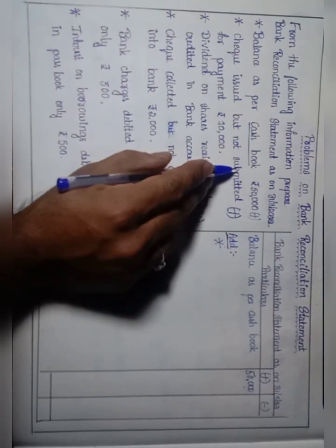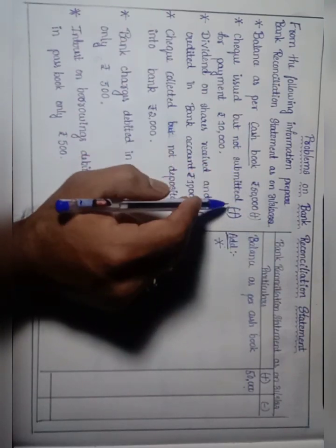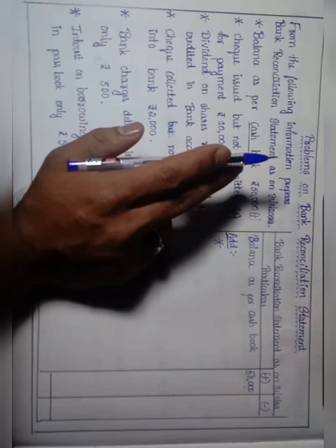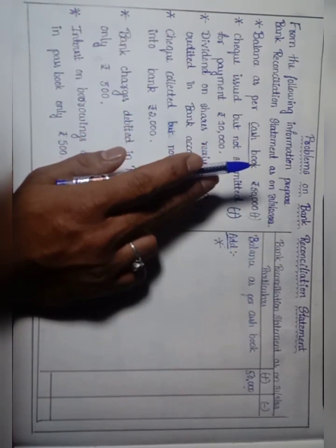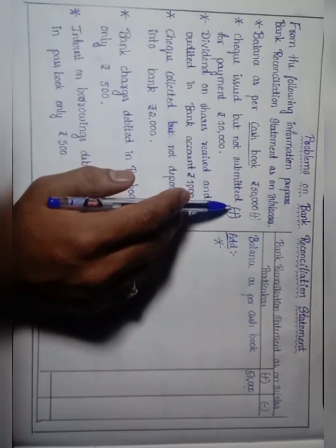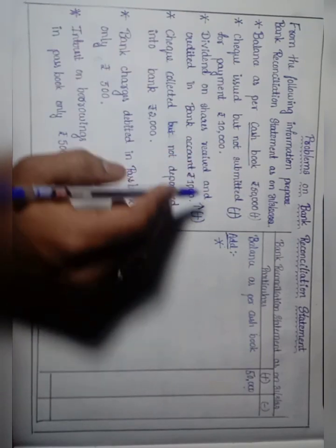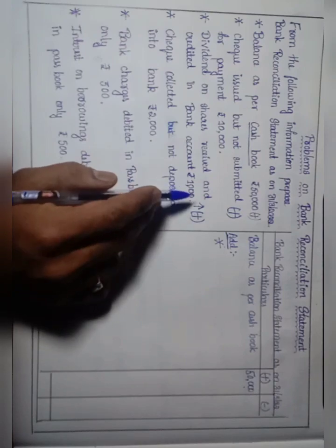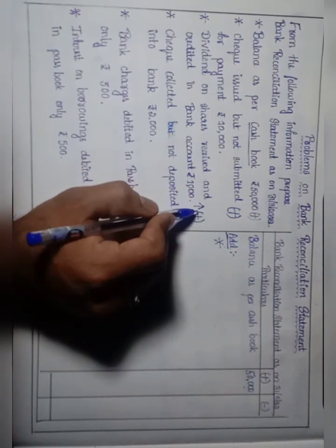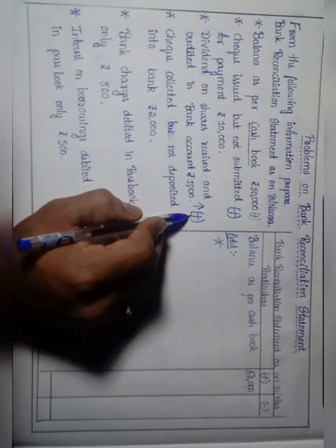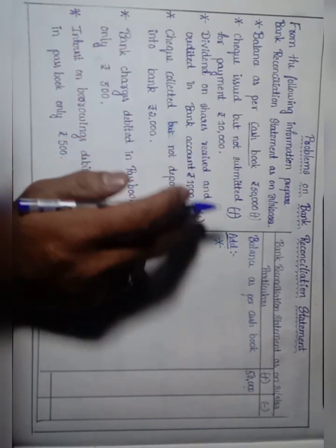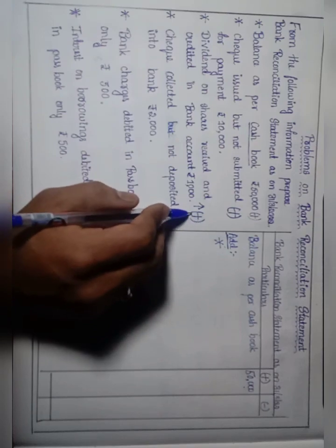If it is considered, we need to take vice versa: if they decreased in the cash book we need to add up, if it is increased in the two column cash book then we need to minus it. But here it is not considered, so we need to take the same thing here. If it is increased in the passbook we need to increase here, if it is decreased in the passbook we need to decrease here, because it is not yet considered.